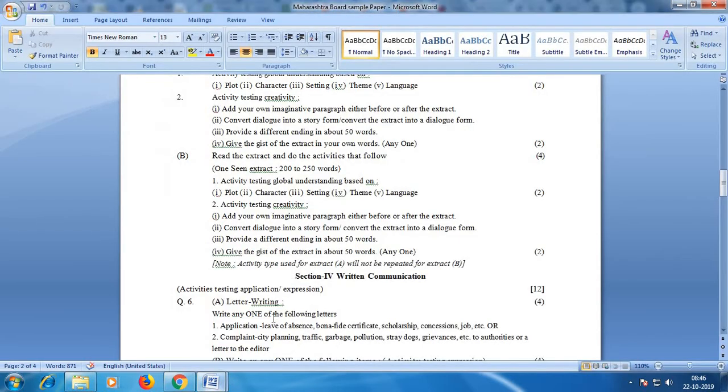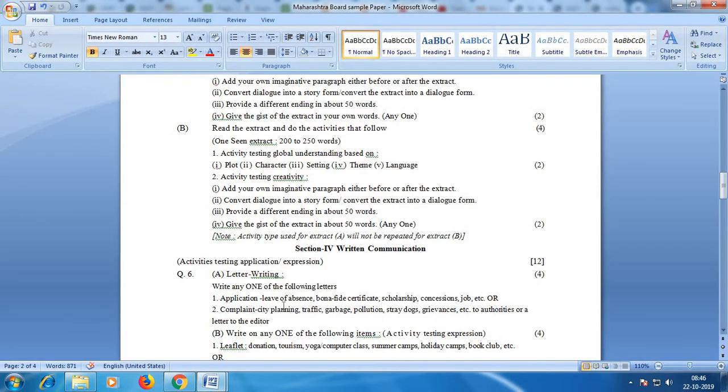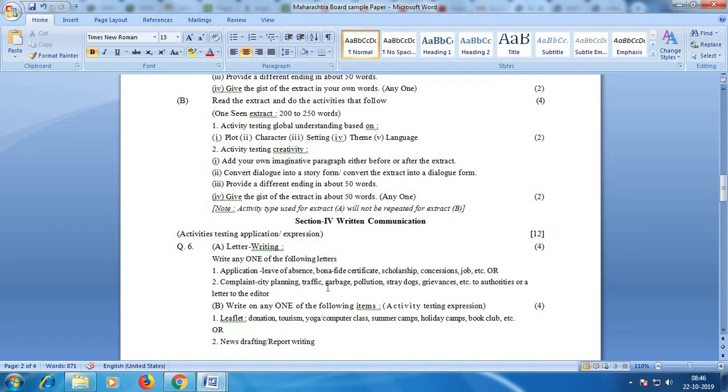Now what are the activities to be done? Letter writing is of 4 marks. So it can be leave of absence, bona fide certificate, scholarship, concession, job, etc. Or it can also be a complaint letter regarding problems related to city planning, traffic, garbage, pollution, stray dogs, grievances.